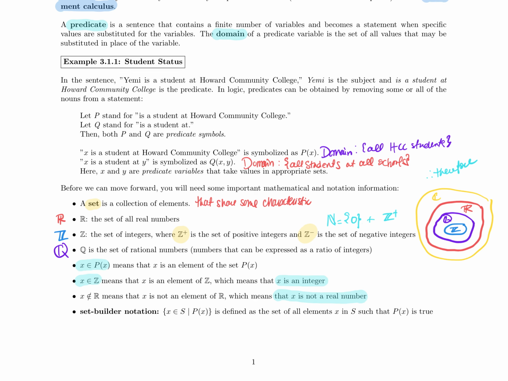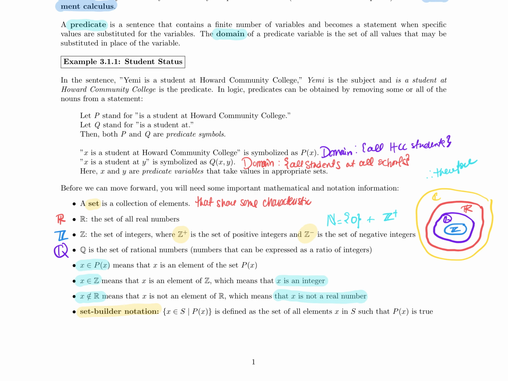The last symbol here, or last definition really, is this set builder notation. It's a way for us to describe sets. In this case, I have my curly braces, which describe a set. It has to have curly braces. It says x is in the set S, and then it has a vertical bar, and then p of x. So you know there's some relationship between the two pieces on the left and the right of this vertical bar.